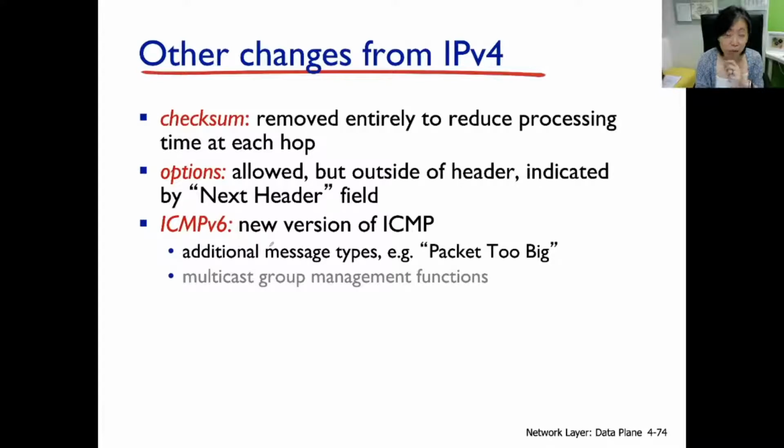Now, there are some more fields we remove, not just the fragmentation fields. The header checksum in the IPv4 header is removed because calculating the checksum takes time, and checking the checksum also takes time. So let's try to reduce the forwarding processing time as much as we can and remove the checksum part, and take the risk of some bits in the header being flipped.